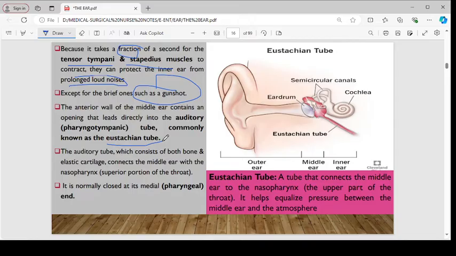Remember, the eustachian tube connects the middle ear to the nasopharynx, and it helps equalize pressure in the middle ear with the atmospheric pressure, right? You can see the eustachian tube, right?